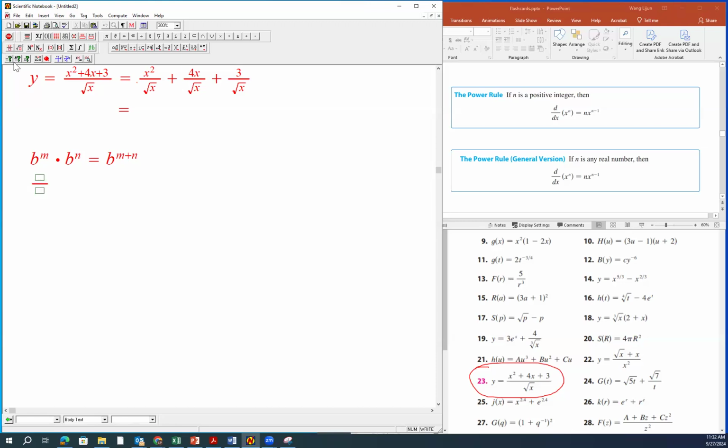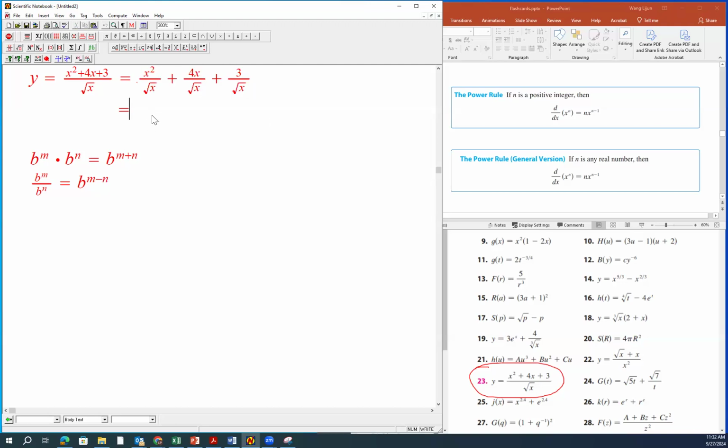Base to the power of m divided by base to the power of n is equal to base to the power of the power on the top subtracting the power in the bottom. So obviously we're going to use these over here.